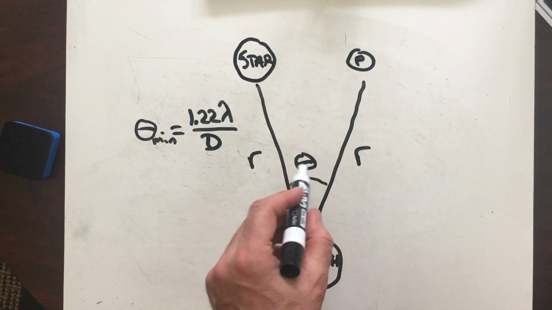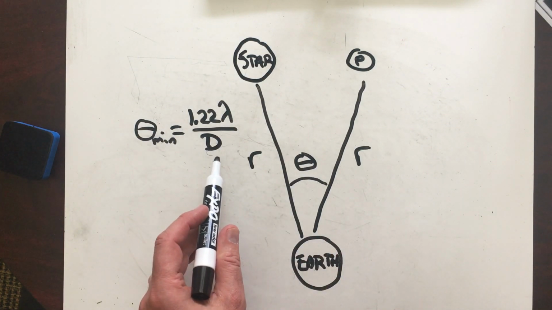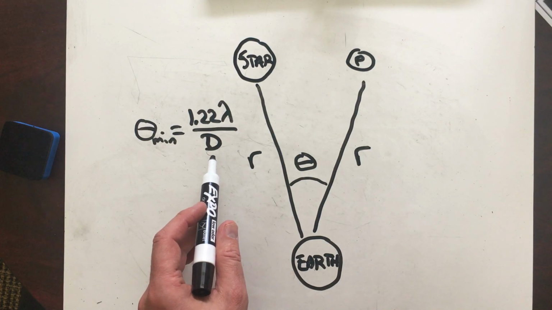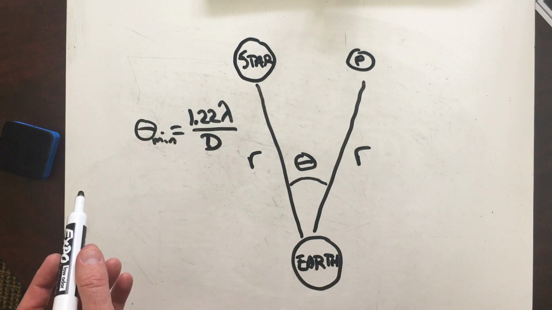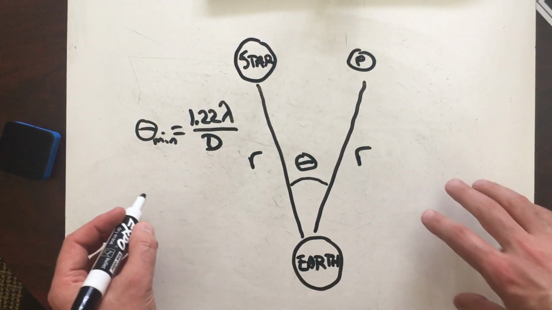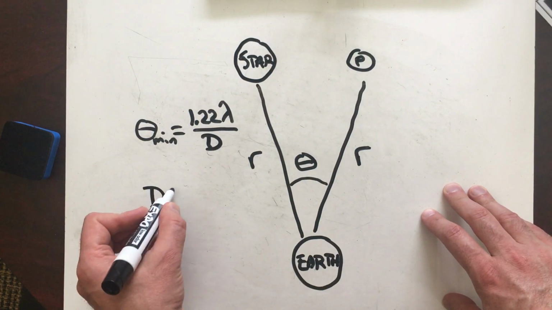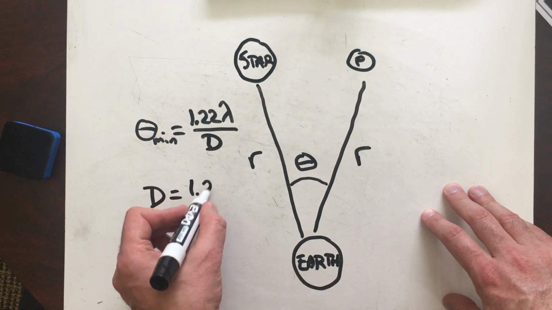If I want to resolve this angle, then I need a certain size mirror. And so we want to figure that out. Now, it's easy to rearrange this to solve for d. In fact, I can just quickly do that because that's what we're interested in solving for.